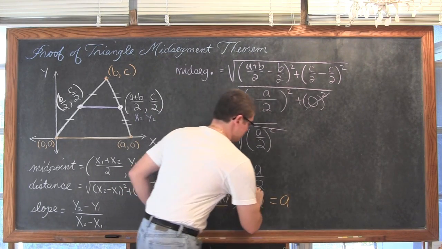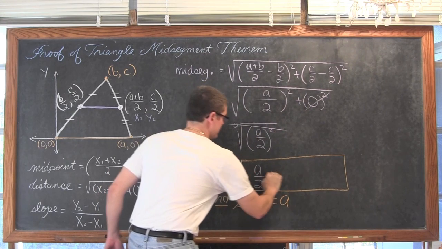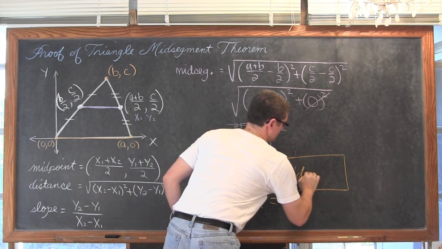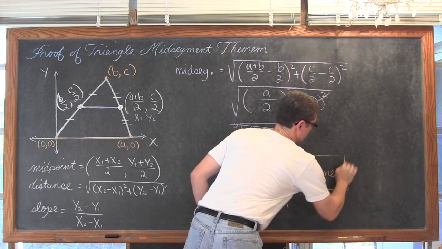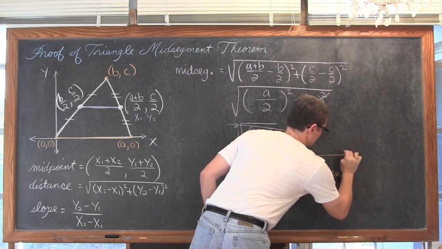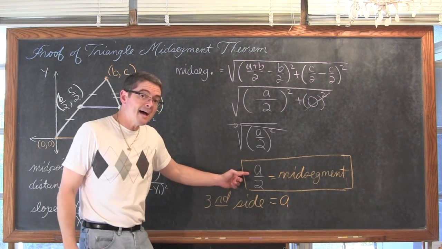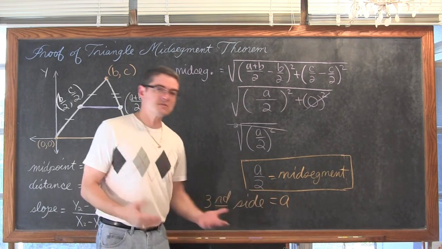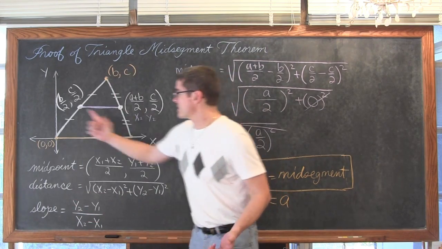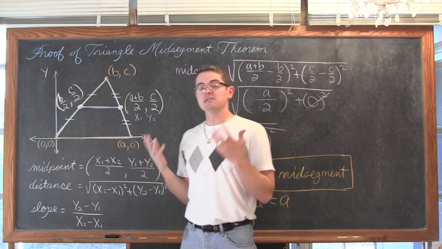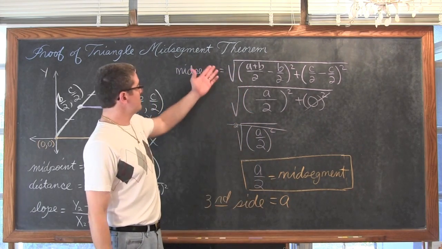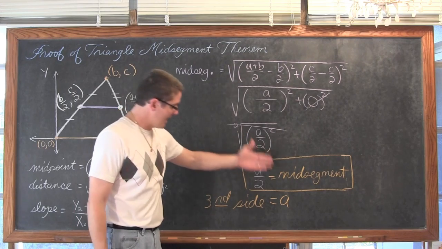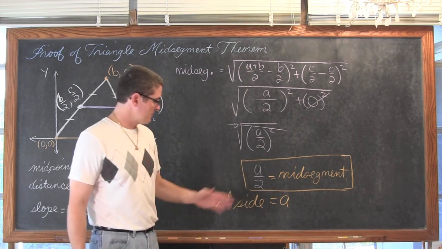Well, my midsegment is half of my third side. I was going to stop and write out the distance formula again, but I can just count from 0 to a and know that that length is a. And again, my midsegment a over 2 is half of my third side.